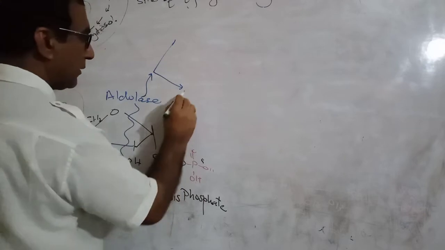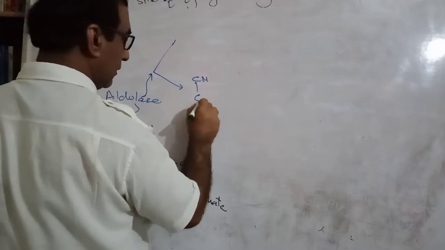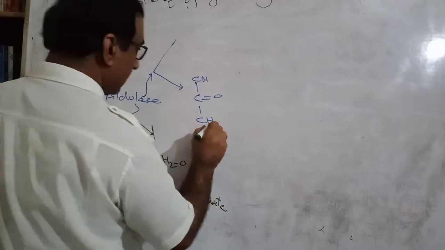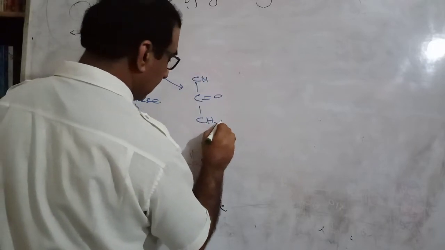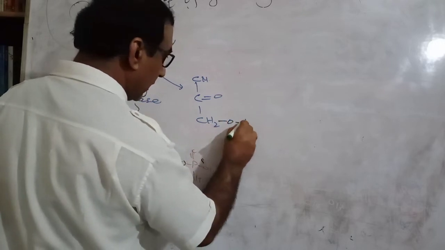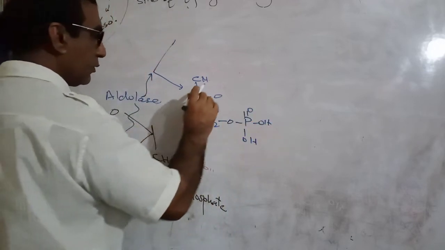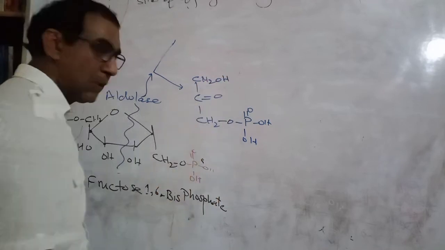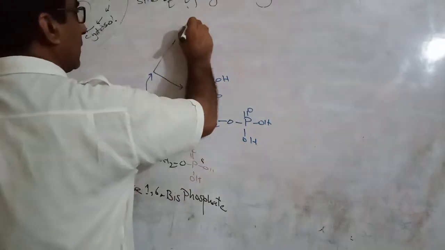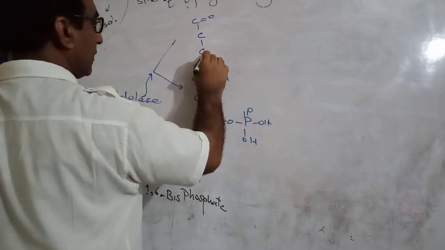One is glyceraldehyde 3-phosphate, and the other is dihydroxyacetone phosphate. This is dihydroxyacetone phosphate. And here is glyceraldehyde 3-phosphate.